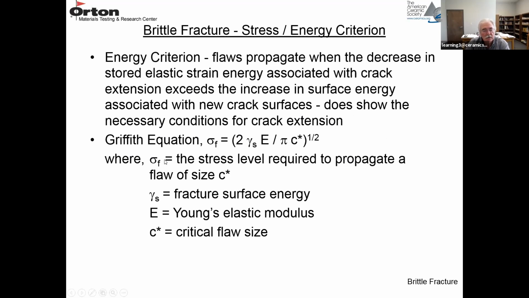So the strength, sigma F, the stress level required to propagate a crack of a certain flaw size C star, so this is the failure stress, equals 2 times gamma S, which is the fracture surface energy. Elastic modulus is in this equation. E is Young's elastic modulus. That's divided by pi times the critical flaw size, and that's all to the square root of 2.